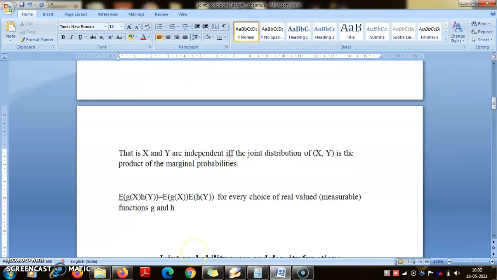So if X and Y are independent, then expectation of XY is expectation of X into expectation of Y, but the converse is not true.